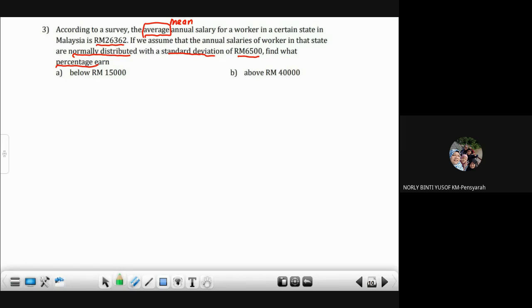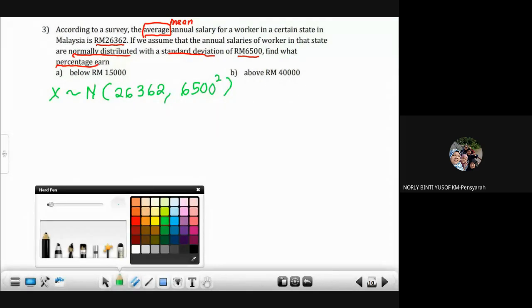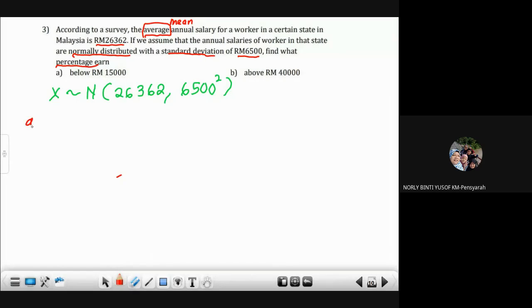Okay, so same as below. For this, we first write the distribution: normal distribution with 26,362 as your mean, and your standard deviation, that means variance, 6,500 squared. That is your distribution. Then for A, below.